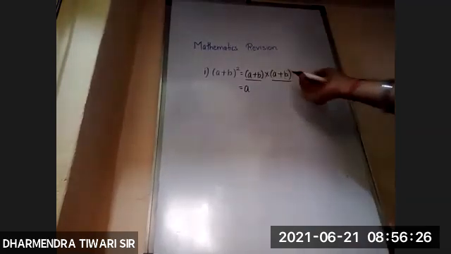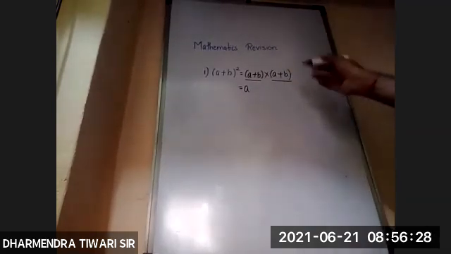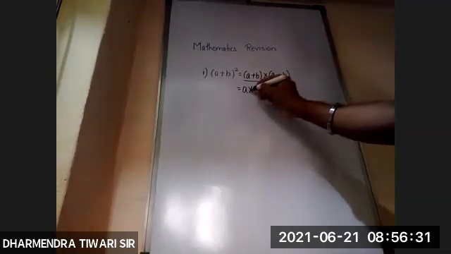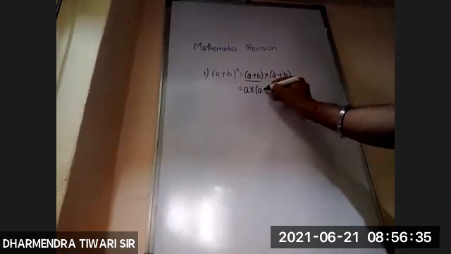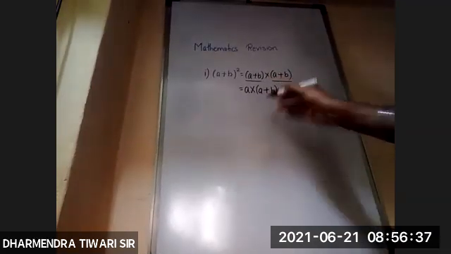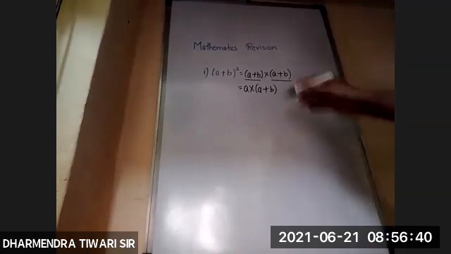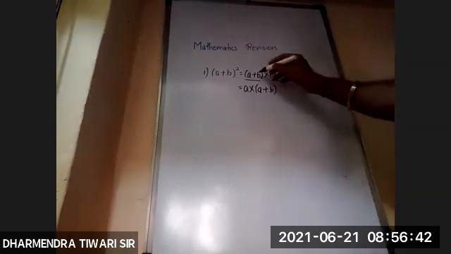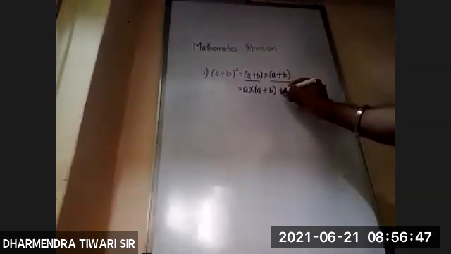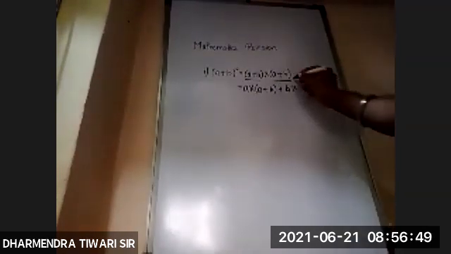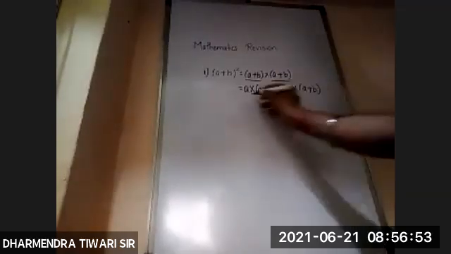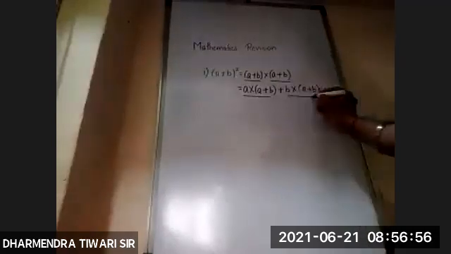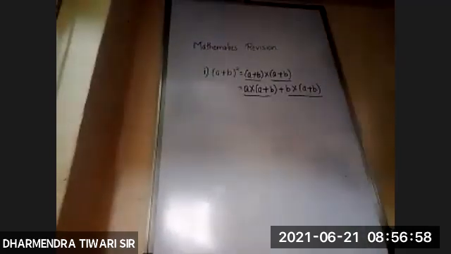This is the rule: a into, take the whole second bracket, that is a plus b. Hope you have understood this. And after that, what remains in the first bracket is plus b, so plus b into the second bracket, a plus b. So this is a splitting, the first part and the second part.